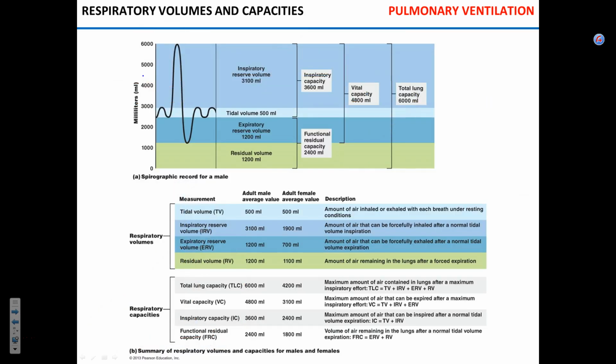So, on this image, I decided to skip all the text. So, it's fairly simple. You need to know the volumes and capacities of the lung, and we're going to review that now. And volumes are particularly simple.